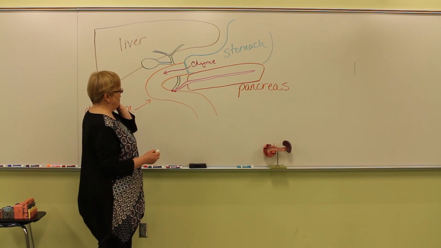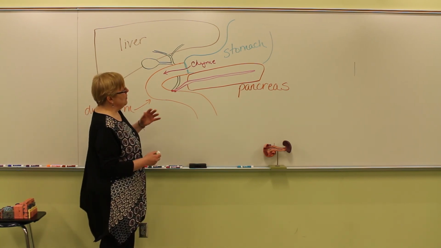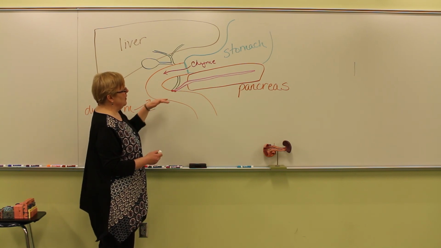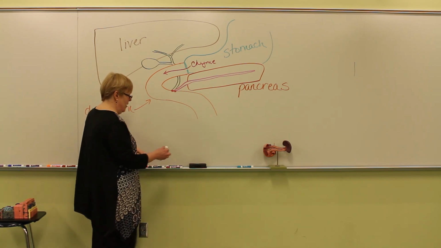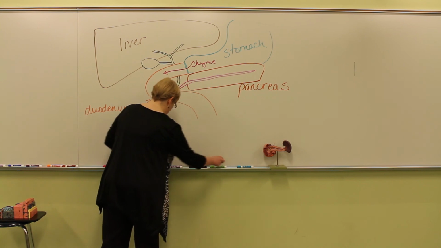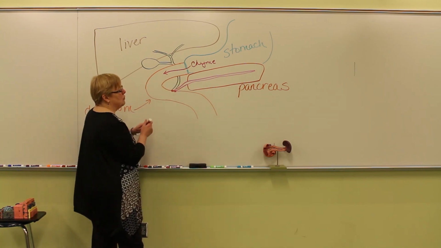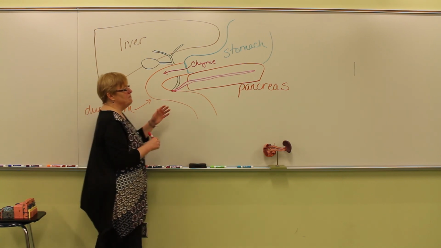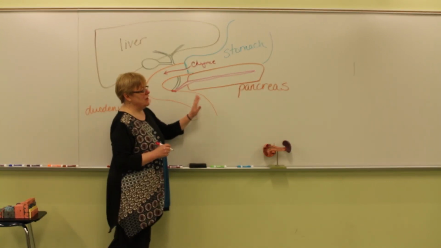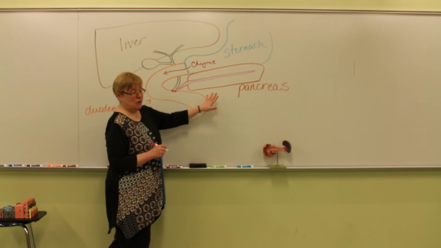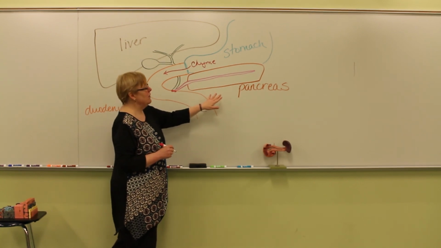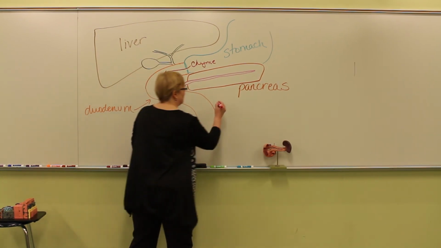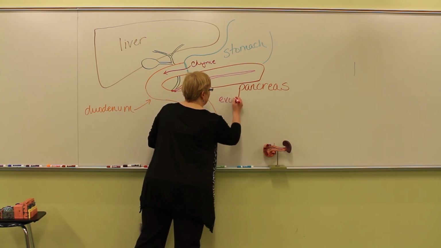We have to first put enzymes in that are going to help us finish that digestion, and that is going to happen through the pancreas. When we talked about the pancreas in A&P1, we talked about the endocrine functions of the pancreas. Now we're looking at the exocrine pancreas.